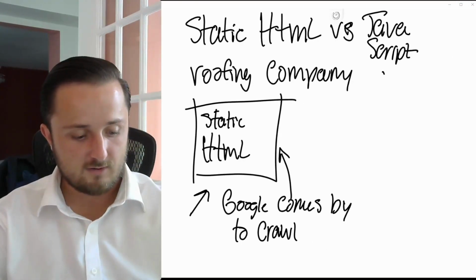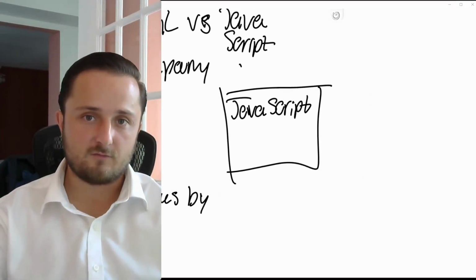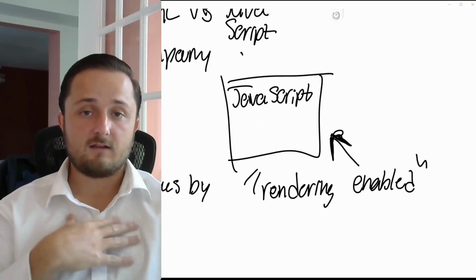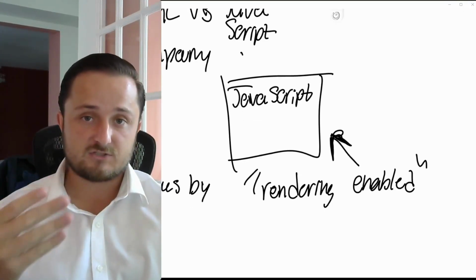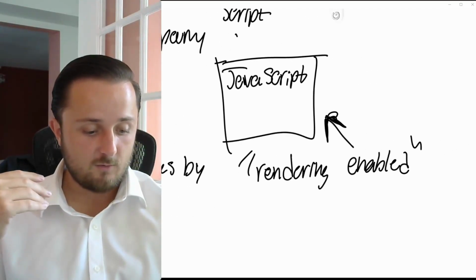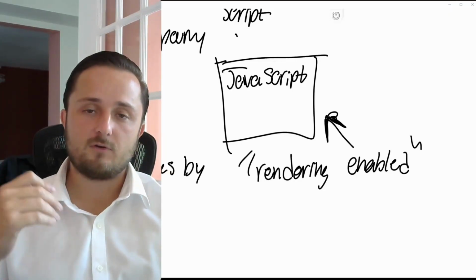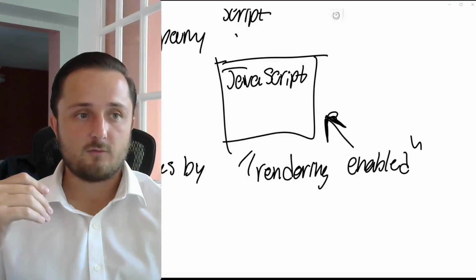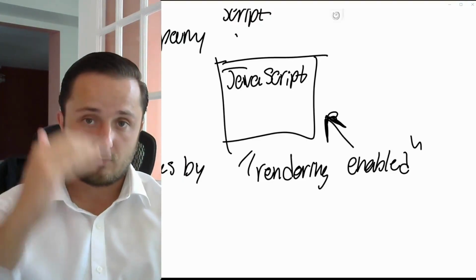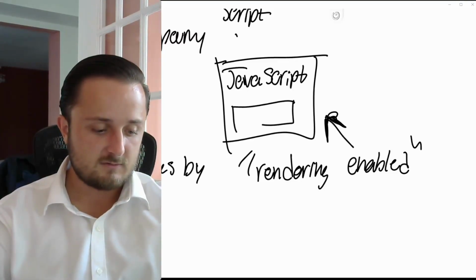If you're JavaScript, what happens is that Google does not always have rendering enabled. I build all of my clients' websites in static HTML. I do not build them with JavaScript because when they go to be crawled by Google, a majority of the time Google does not have rendering enabled. So what does that mean for you? It means that a majority of the time when Google comes, it doesn't see the content that's on your page.